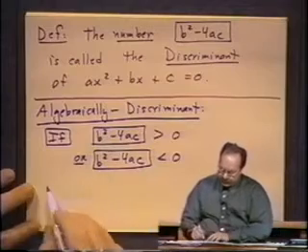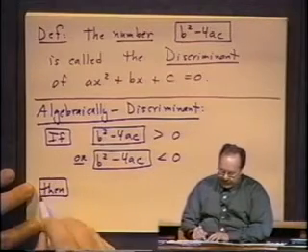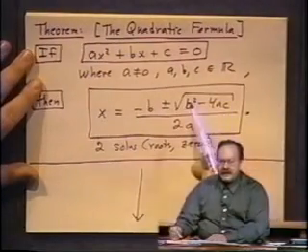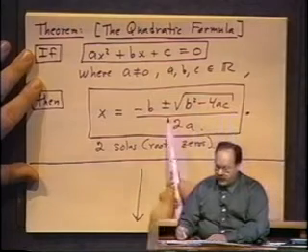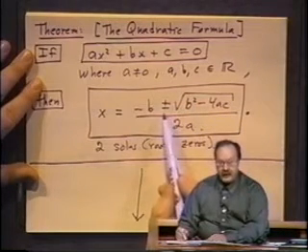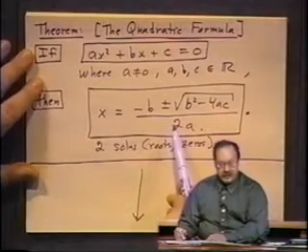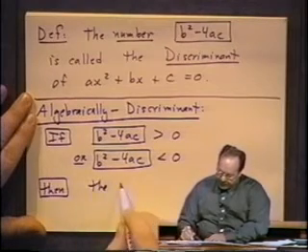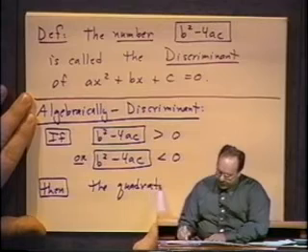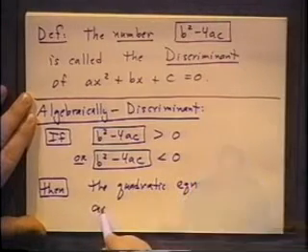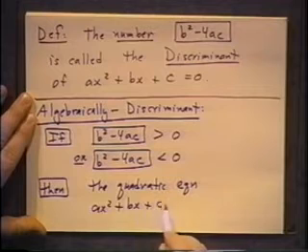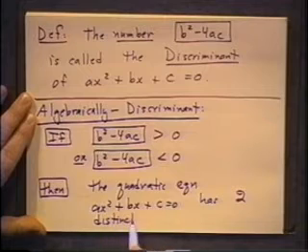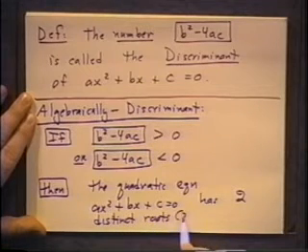If it's either greater or less than 0, then, well, before I write it down, the basic idea is, back here with the quadratic formula, that there is a non-zero number under the square root, which means something non-zero will follow the plus or minus sign, which will give you two distinct roots. And that's what we conclude. Then, the quadratic equation, which is ax squared plus bx plus c equals 0, has two distinct roots, or if you like, zeros.